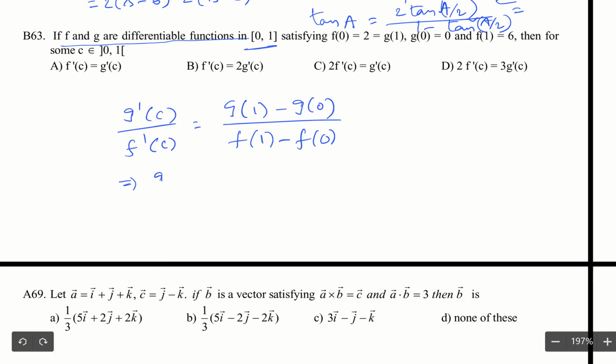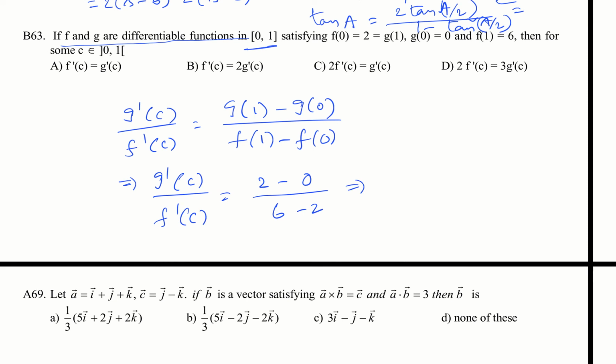He gives the values, simply substitute them. G of 1 he gave 2, minus g of 0 which is 0, by f of 1 is 6 and f of 0 is 2, and so you are getting 2 times g dash of c is equal to f dash of c.